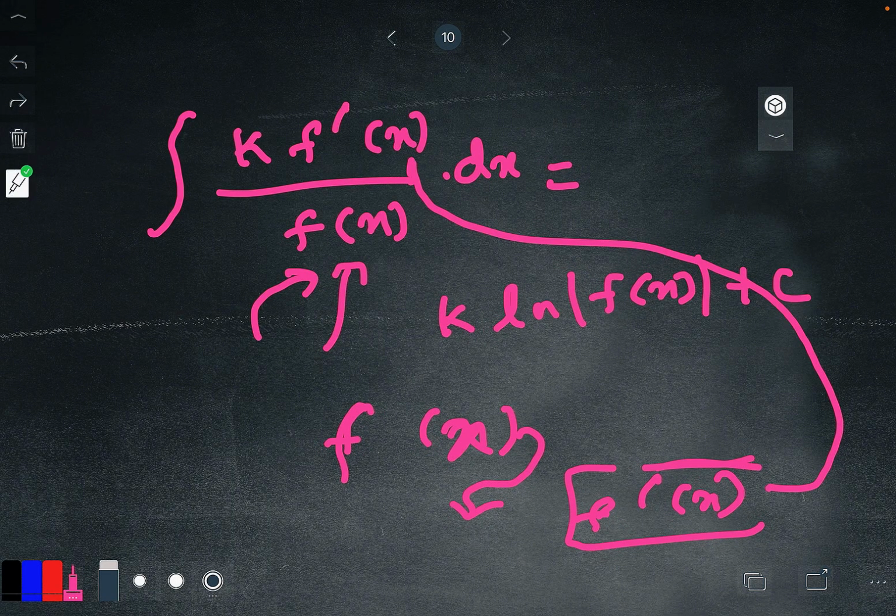If the numerator is exactly f prime x, or a constant multiplying the f prime x, then the integral is ln of the denominator. So your brain should ask, is the numerator the derivative of the bottom? If yes, it is ln.